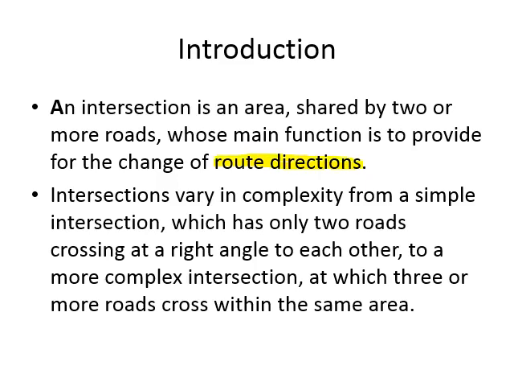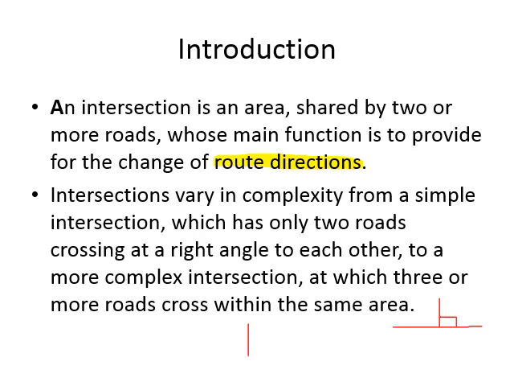Now the complexity of the intersection can vary according to the angle at which the roads are intersecting each other and the number of roads which are intersecting at the intersection. So for example, if you have an intersection like this, it's a T intersection, only two roads crossing and they are crossing at 90 degrees. So it's an easier intersection.